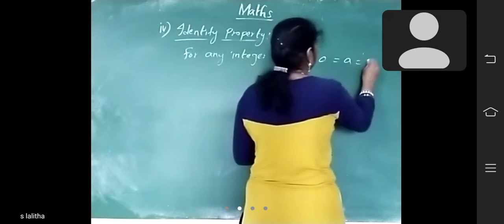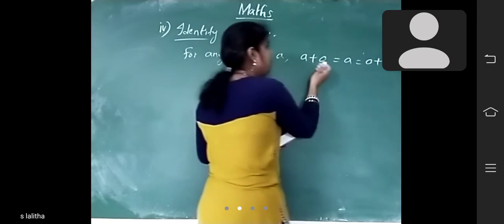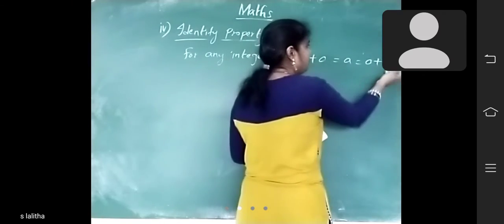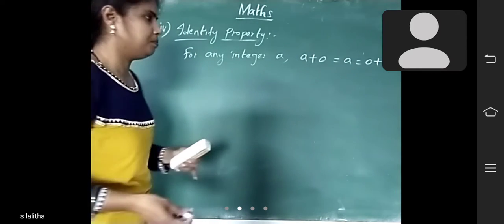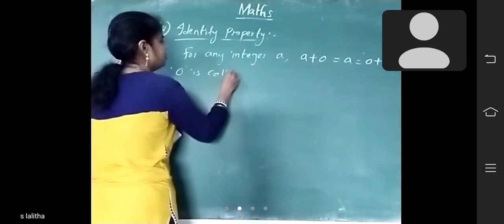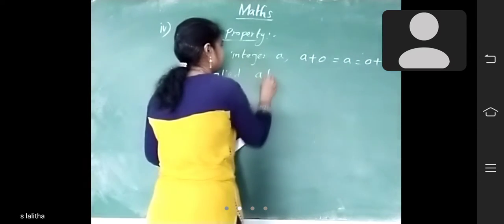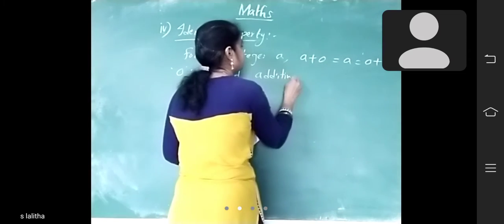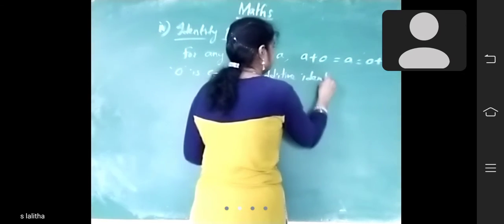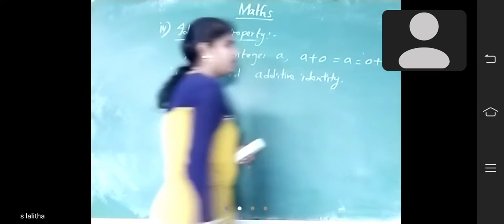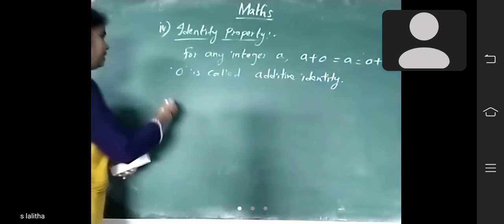Okay. That means 0 plus a. a plus 0 is equal to a, equal to 0 plus a. Both are equal. So what do you call 0 here? Additive identity. 0 is called additive identity.